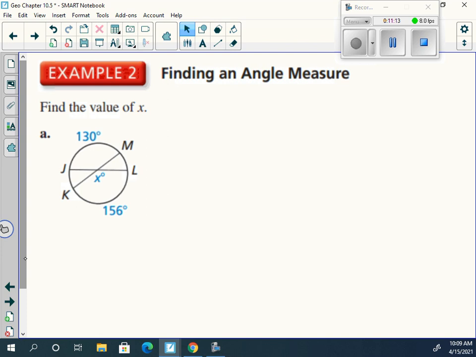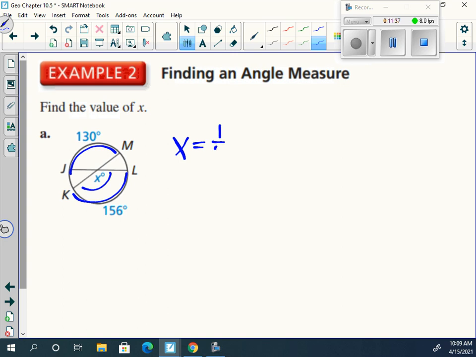So when we look at this here, we have two lines that intersect inside the circle. Now our angle that we work with, x here, is always going to make up the two arcs. So x is going to equal 1/2 of the sum of the two arcs. So what's one of our arcs going to be? 130 and 156.